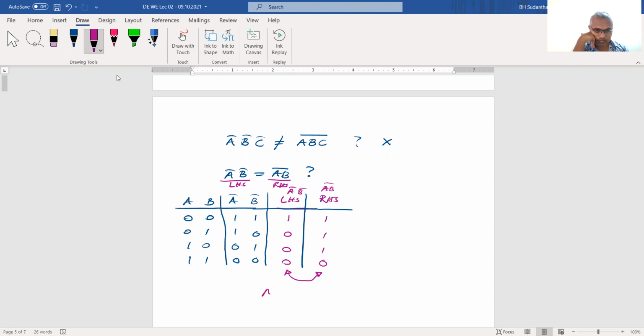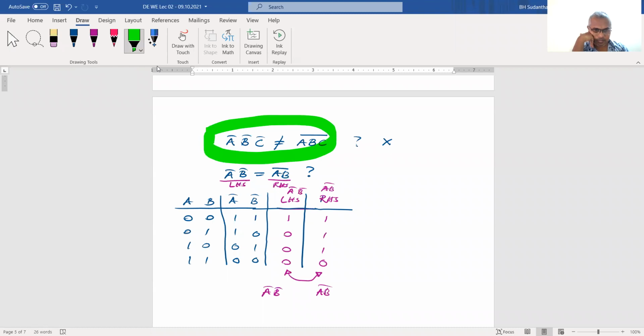This is the A bar B bar column, and we have to compare it with the A B bar column. You can see two different results. Because of that, you have to remember this at any time. This is wrong.